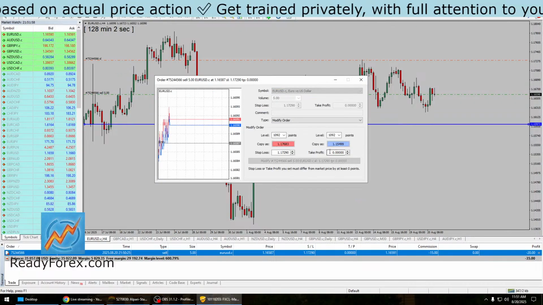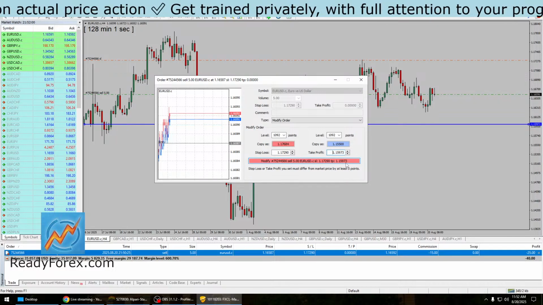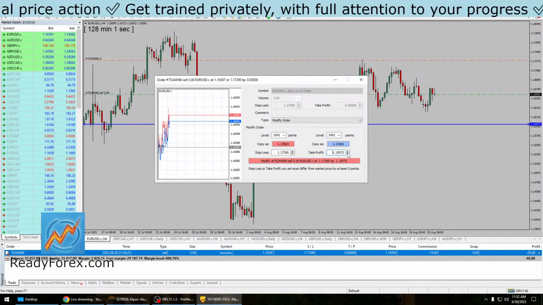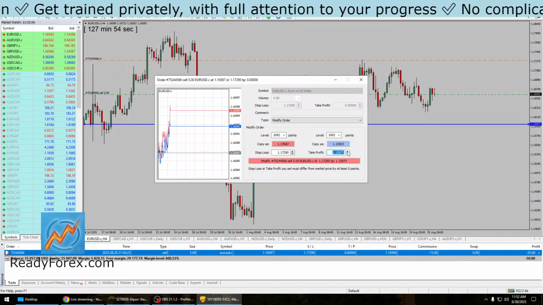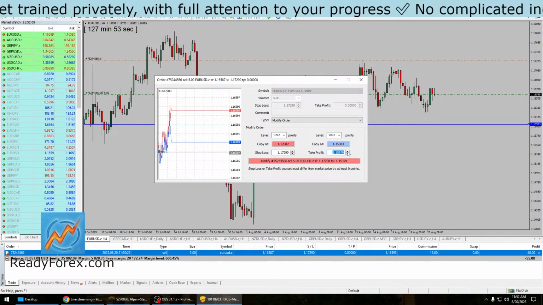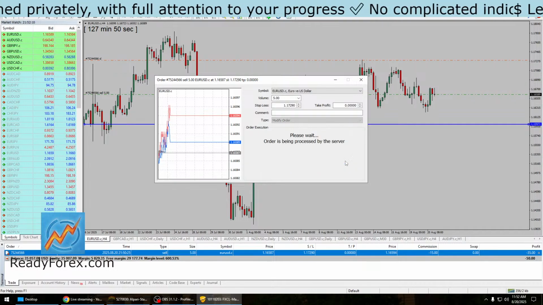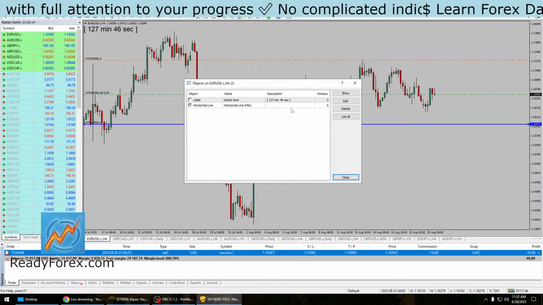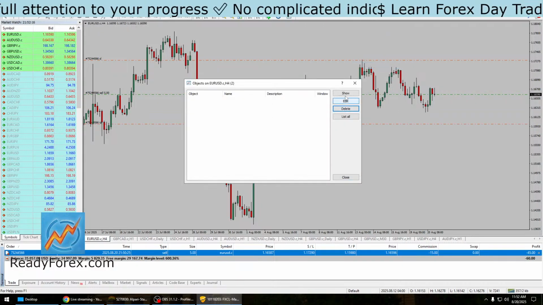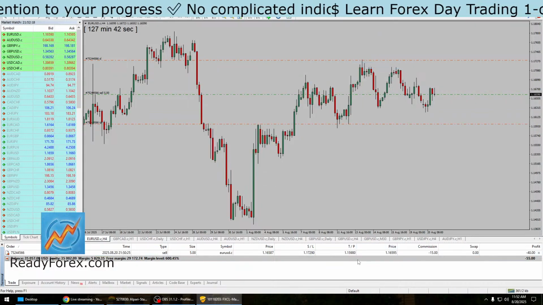Go to modify. Okay, so place the entry, the stop loss, and the take profit level over here.